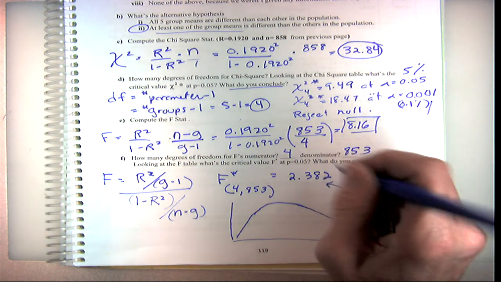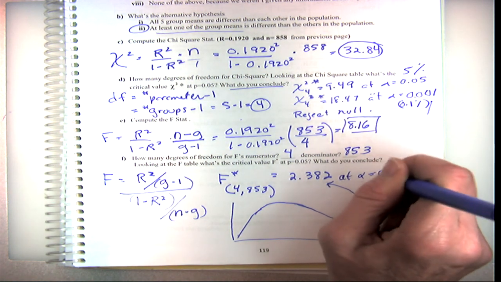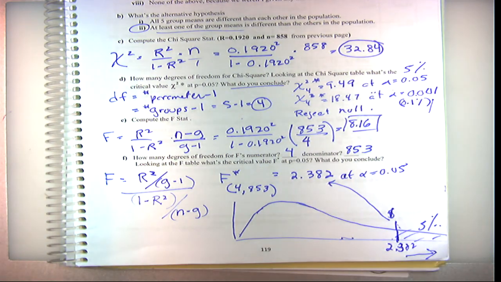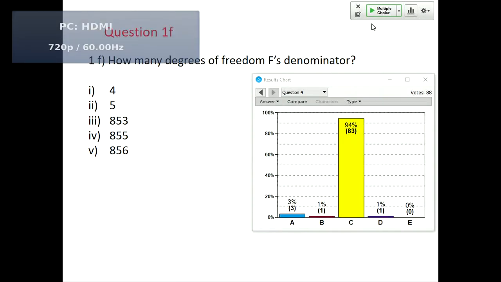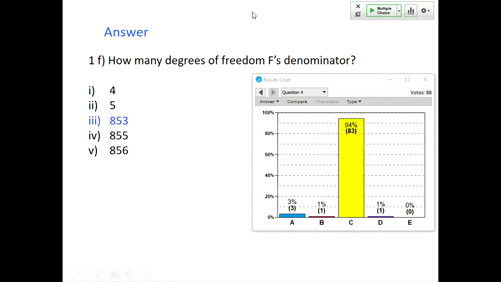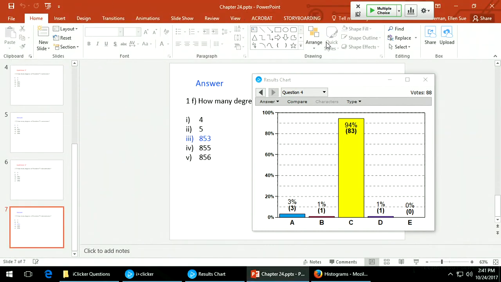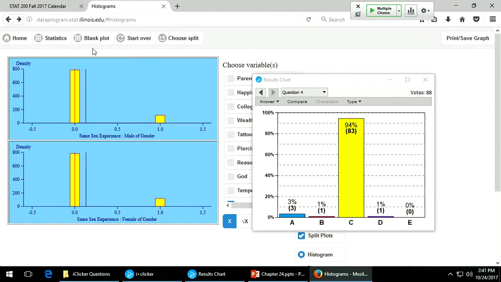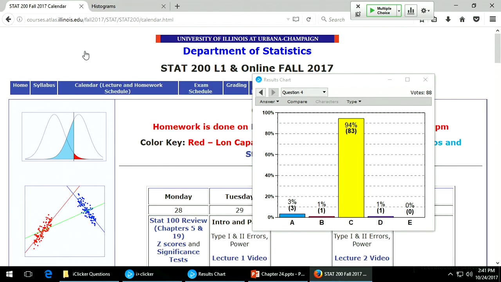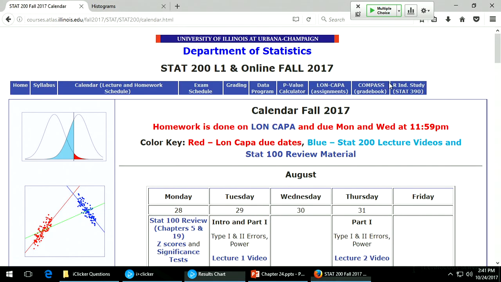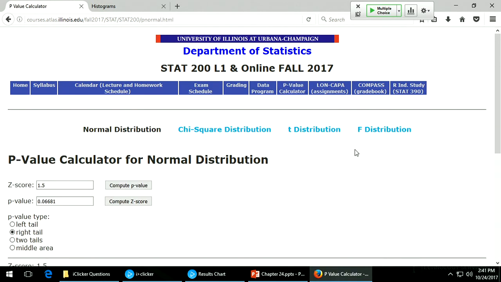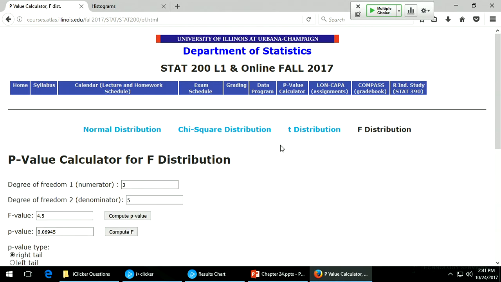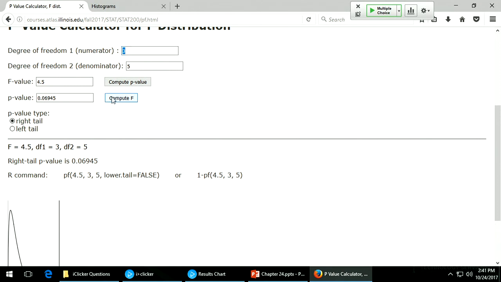All right. This is at alpha equals 0.05. Just quickly, since I drew that so poorly and you have a bad feel for it, let's just look at it here. Let's go to our p-value calculator for the F distribution, and we have 4 and 853.